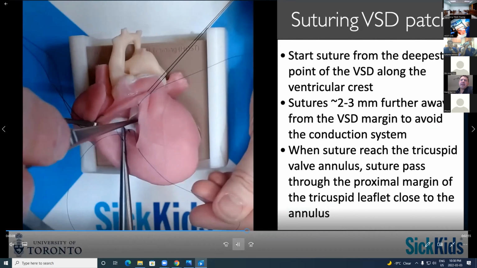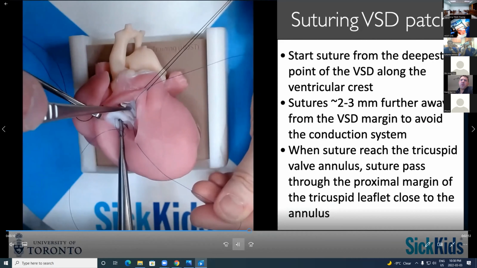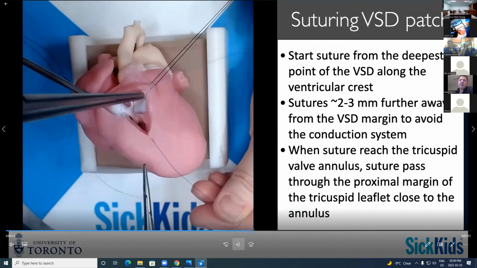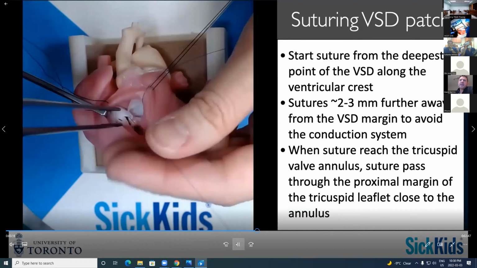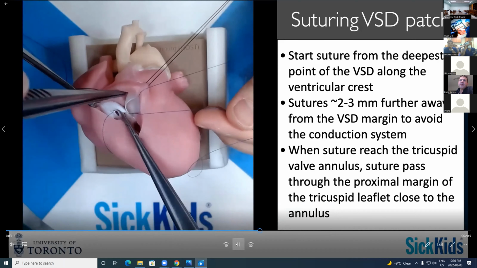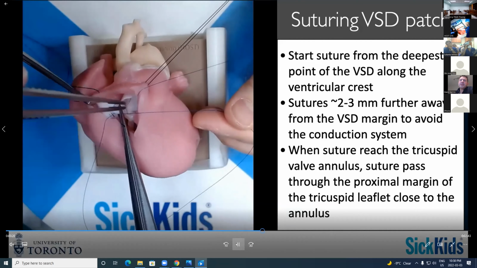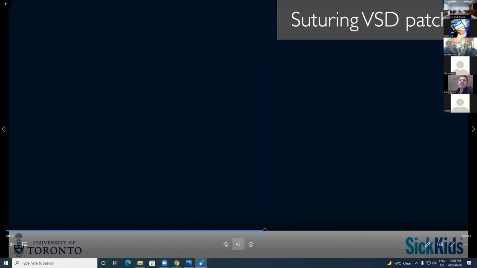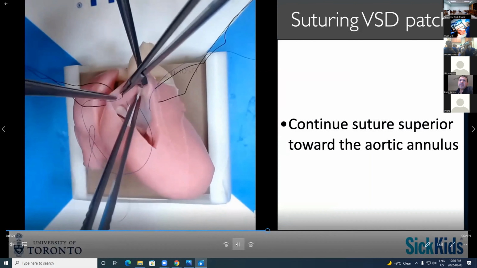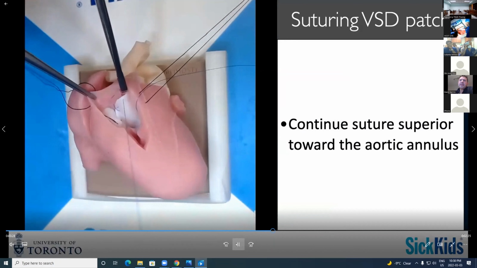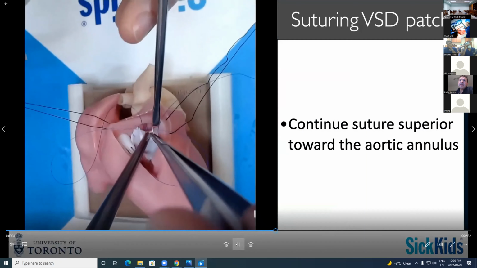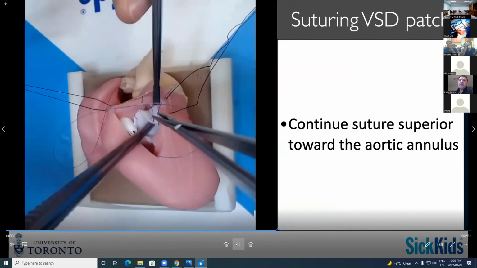You can see the needle is just coming through the white tissue of the valve. You're not picking up any muscle at all, so you won't risk the conduction. Then back and forward, a sort of running mattress between the septal leaflet of the valve and the patch, until you come up to the upper extension, and then you can rejoin in a muscular stitch.